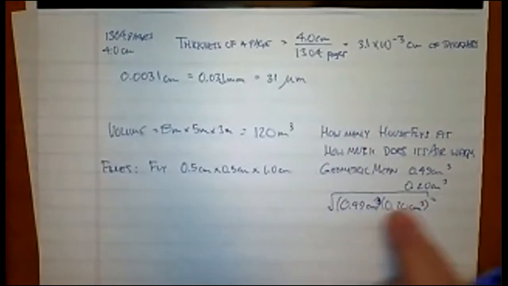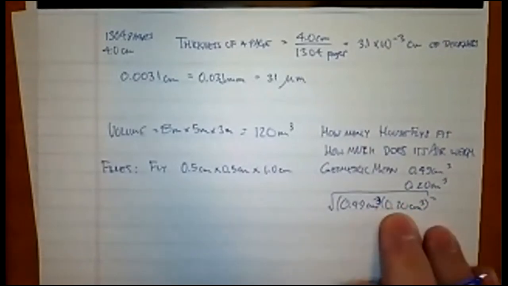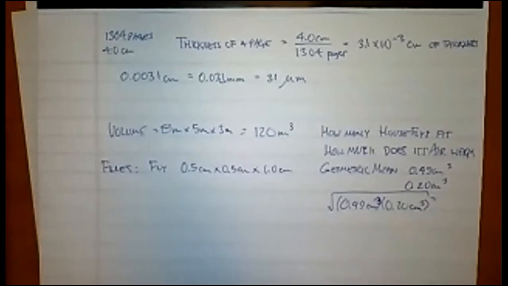So if you did 3 of them, you'd take a cube root. If you did 5 of them, it'd be a 5th root, so on and so forth. That's what the geometric mean is. So 0.49 times 0.20, and then I take the square root of all that, and I get 0.031.